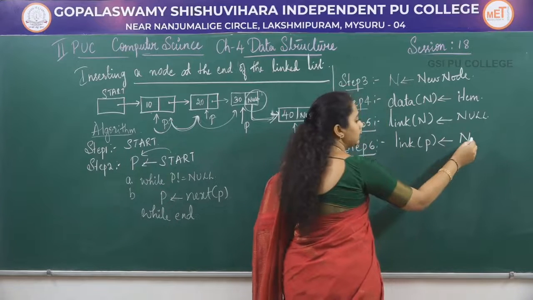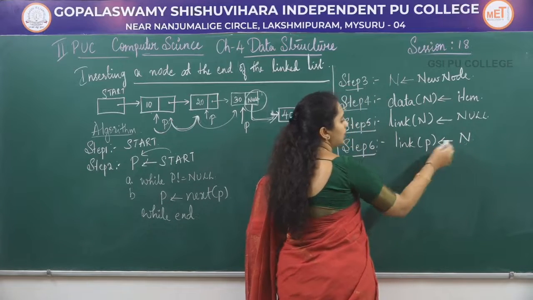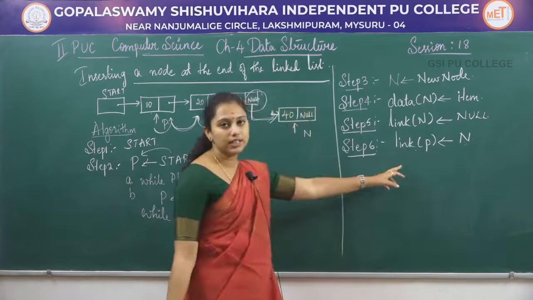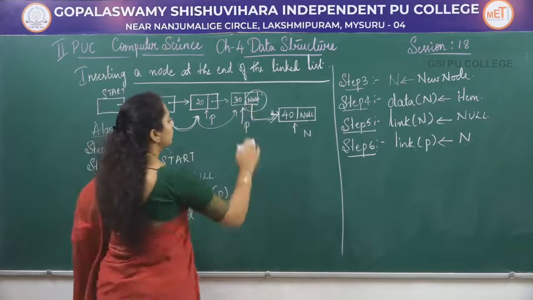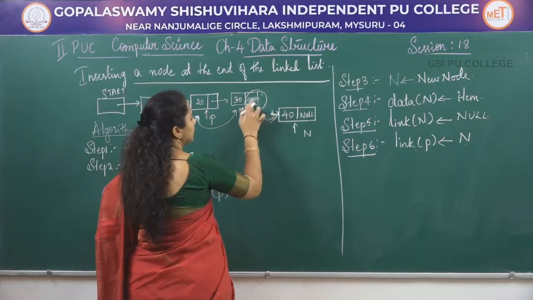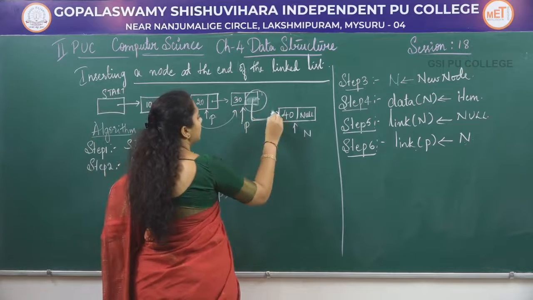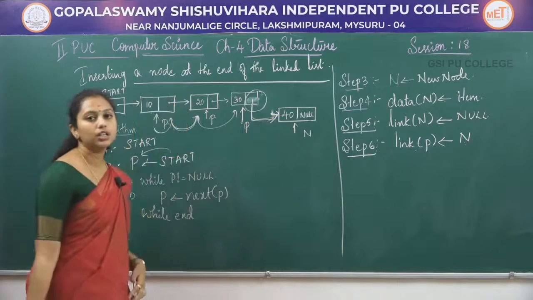We are creating the link to the new node from the last node of the linked list. That is, in the link part of the last node, we are going to delete this null and create a link to the new node.